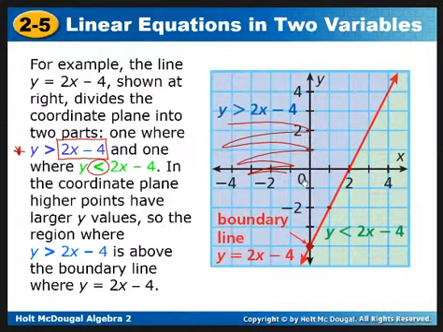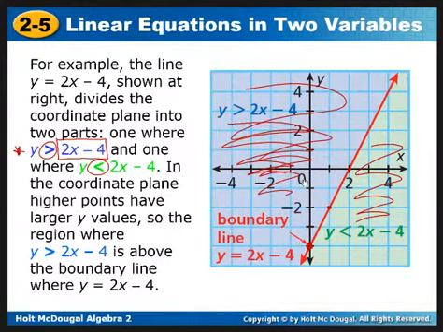Okay, that would be represented by this greenish looking area over here. Okay, so the line itself helps divide things out, but what's going to happen with an inequality is that if we're talking about y being greater than 2x minus 4, any point that you would pick from this top region here would make that particular inequality true.